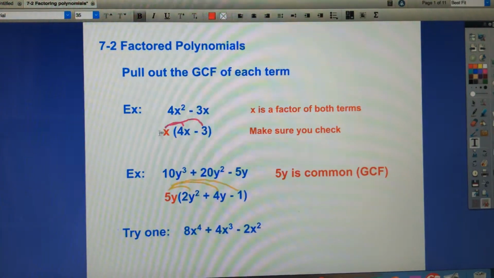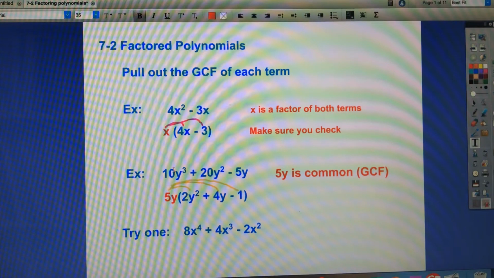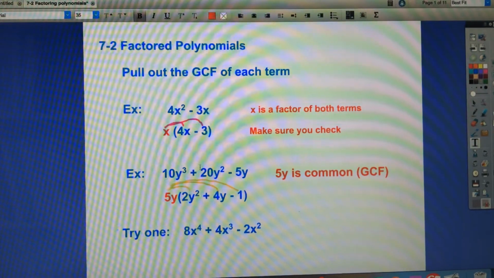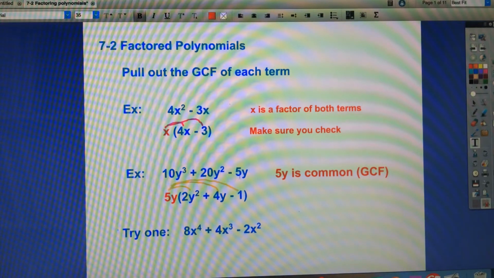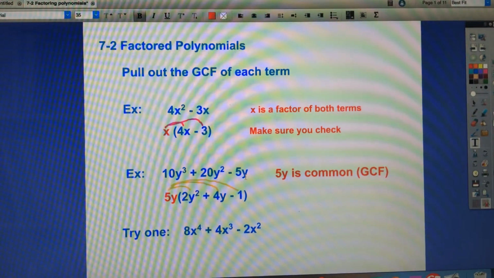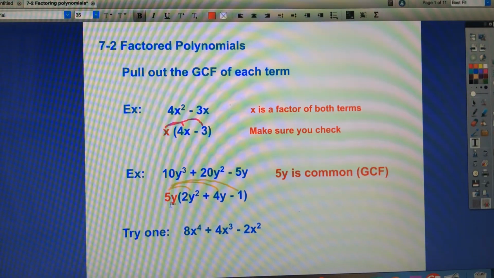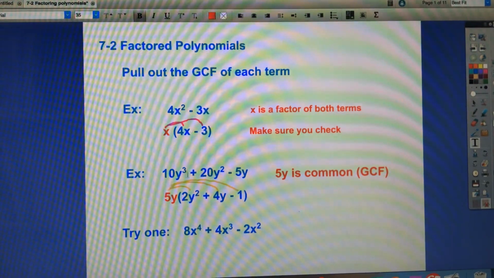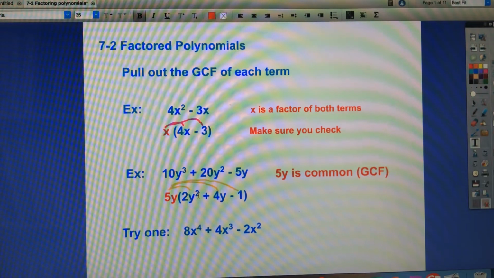Second one, I'm looking at the 10, the 20, and the 5. Anything in common? Yes, a 5. How about the y's? I have a y to the second, a y to the third. Well, the only thing in common is just plain y. So I take out the 5y. 5y goes into 10y to the third, 2y squared times.